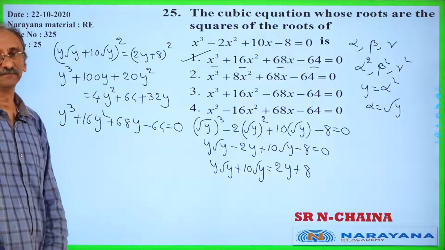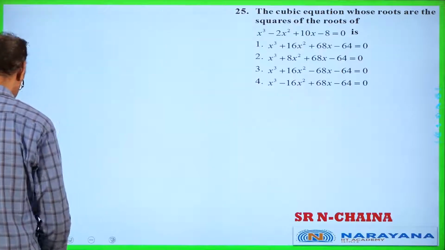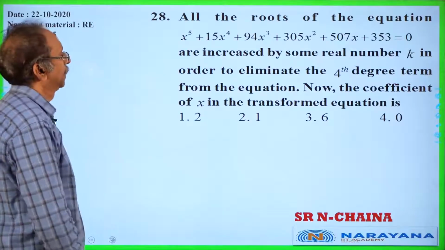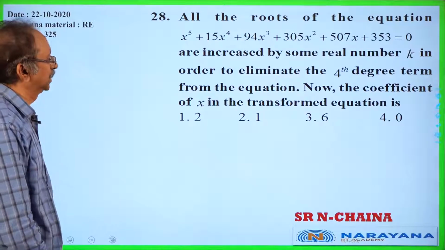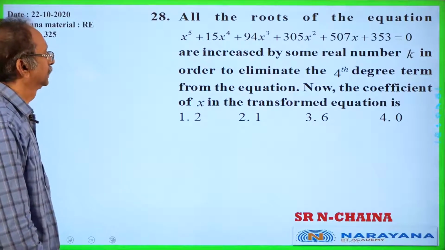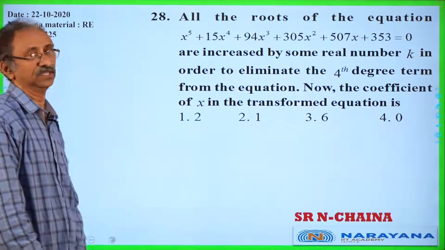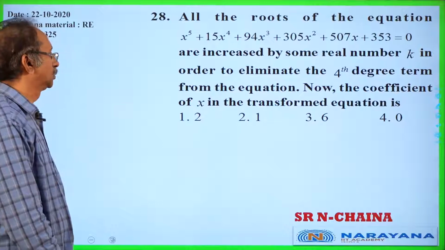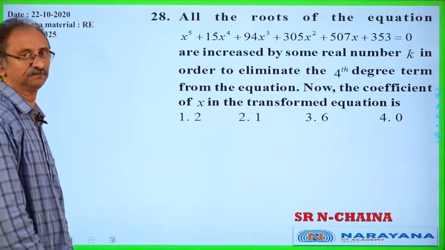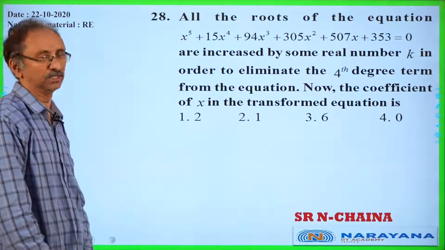Okay students, we'll go to the next one. Same question. All the roots of the equation are increased by some real number k in order to eliminate the fourth degree term from the equation. Now, the coefficient of x in the transformed equation is, see, this is the previous model. 2 days ago we have done this.